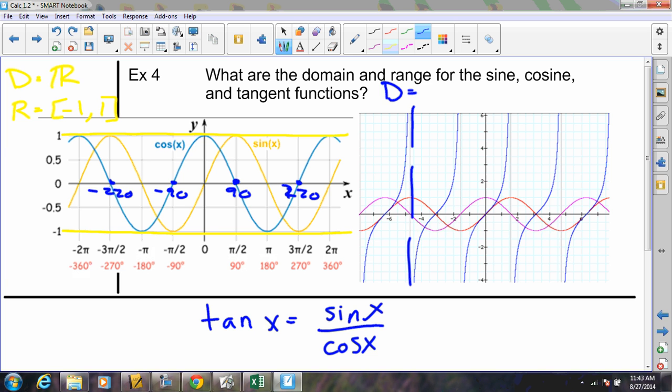So we could say the domain is all the reals except any x value that is a multiple of pi over 2, with k being in the integers. I told you guys we'd get back to set builder notation. So pretty much, this is just a way of writing out 90, 270, so on and so forth.